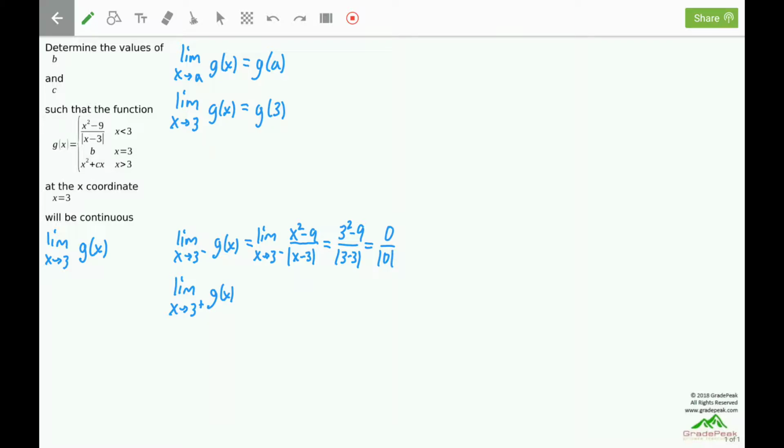Since we resulted in a 0 inside the absolute value symbols, we will need to look closer at which side we're approaching from here. We have the limit as x approaches 3 from the left side of x squared minus 9 over the absolute value of x minus 3.